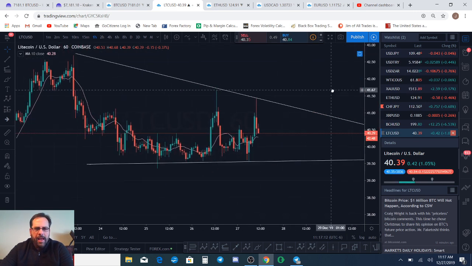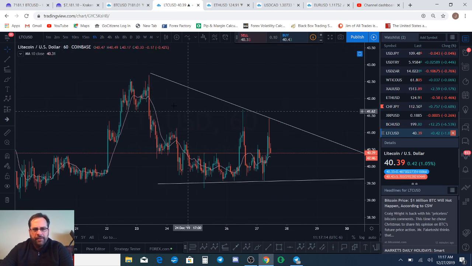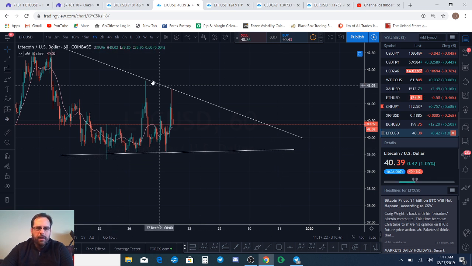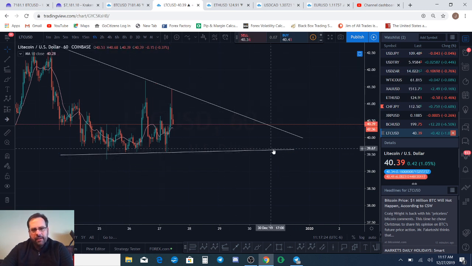What we've had here is kind of a descending triangle being formed, where you have this clear bottom, a horizontal bottom price, but you have descending highs.